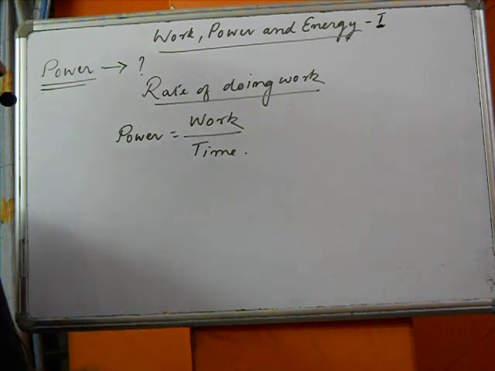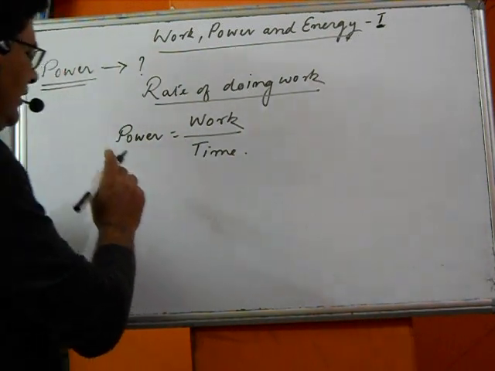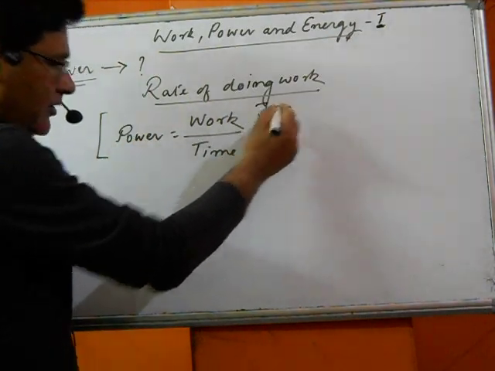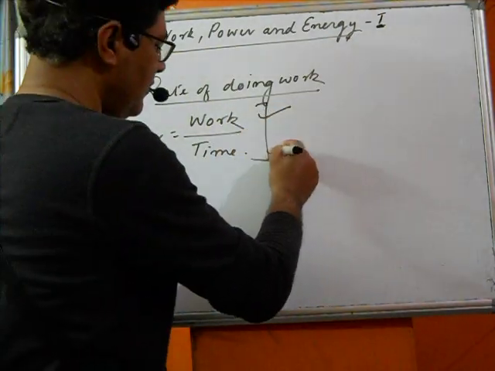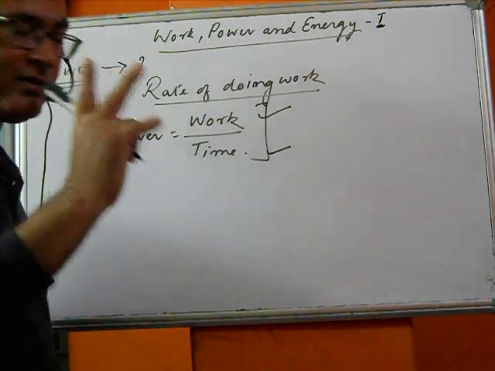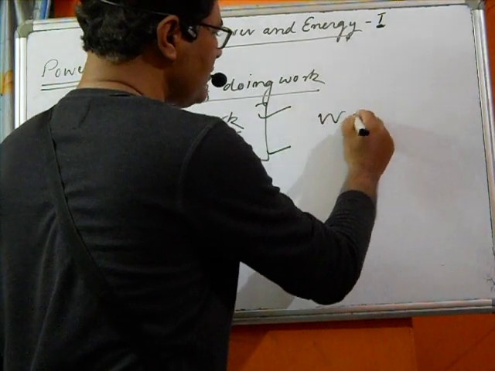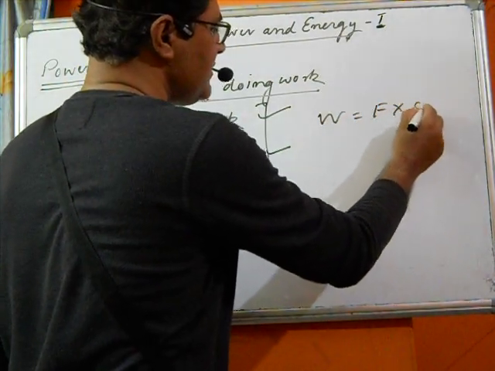Please understand, power is dependent on two factors. One is work, the amount of work done. The other is the amount of time that is required. Two factors on which power depends. We know work equals force into displacement.